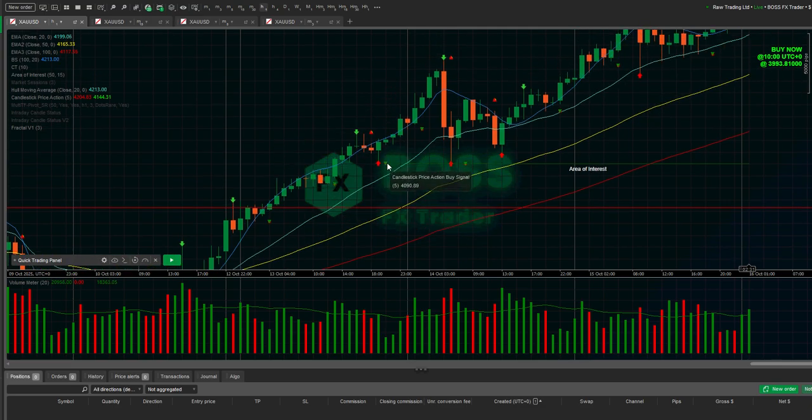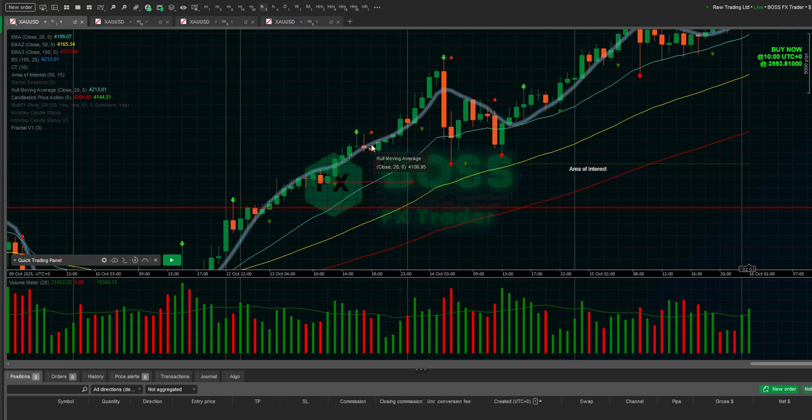And look at that one. After this short sell, there's no volume here, so it is not supported with volume. If this were a bigger candle and the volume were higher than the previous one, then possibly it could turn the price down.